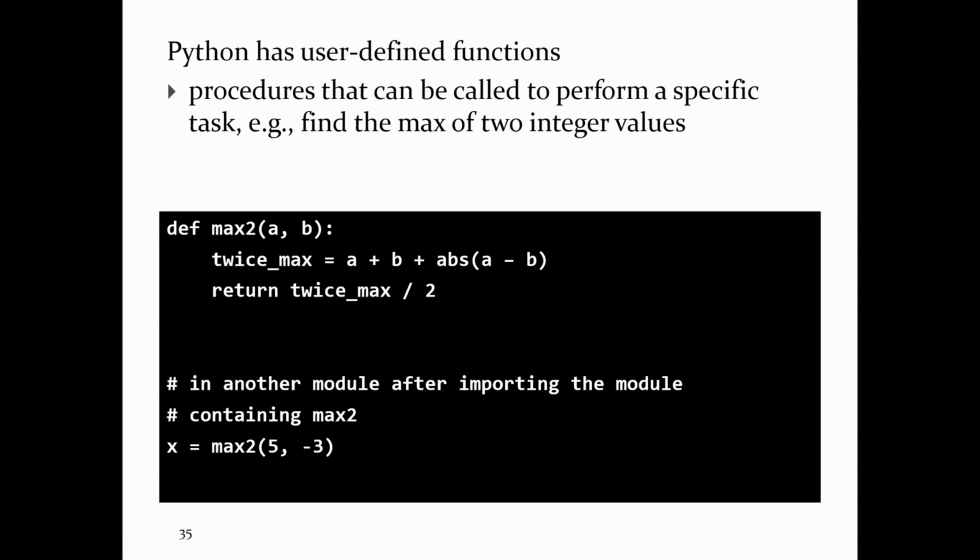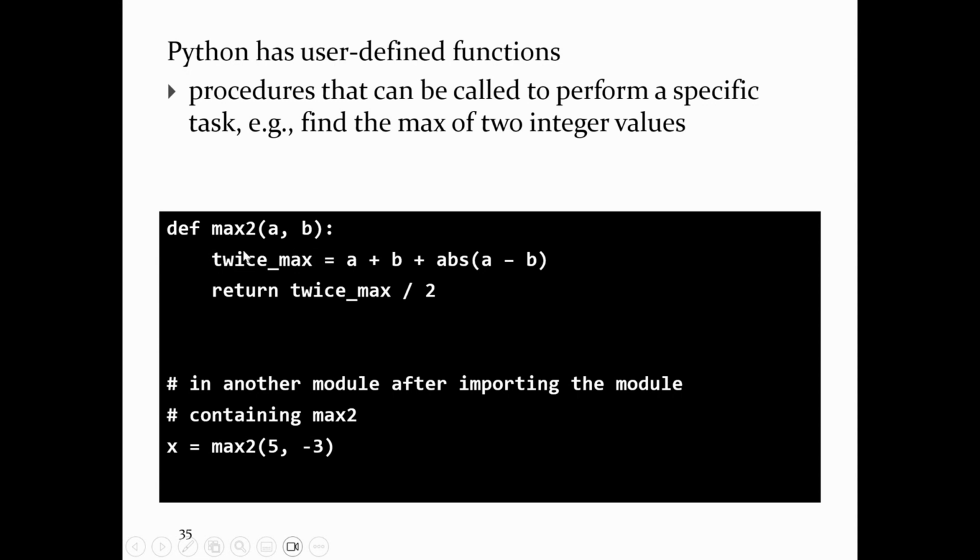To compute the maximum value of A and B, I'm going to compute A plus B plus the absolute value of A minus B. And I claim that the maximum value of those two numbers, you just divide that sum by 2, and you get the maximum value. Now obviously you can use an if statement, but I'd have to tell you what an if statement looks like in Java before we can do it that way.